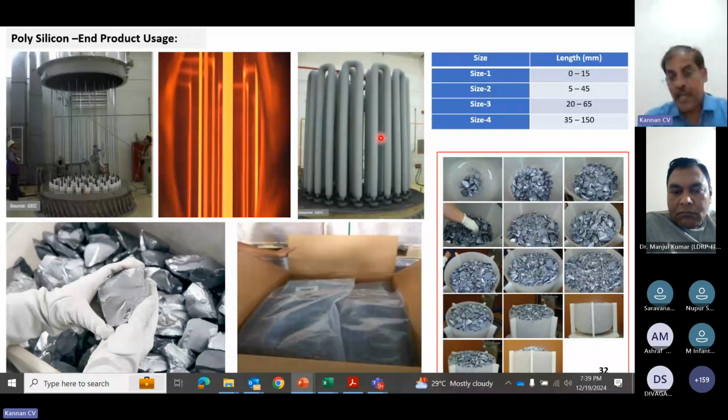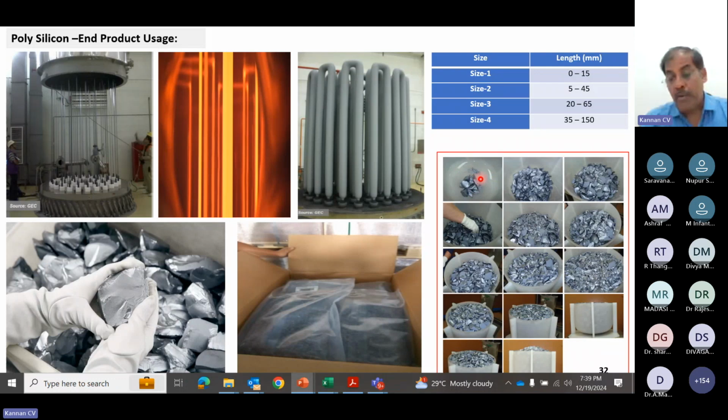On the right side, you can see this is the crucible, a quartz-based crucible, and how we need to fill the material so that you can pack more quantity: you have to fill different sizes. In between you have to put small broken pieces or some granular material, so that wherever gaps are available, these small pieces will fill them, so that you can maximize the overall loading density in the crucible, right?